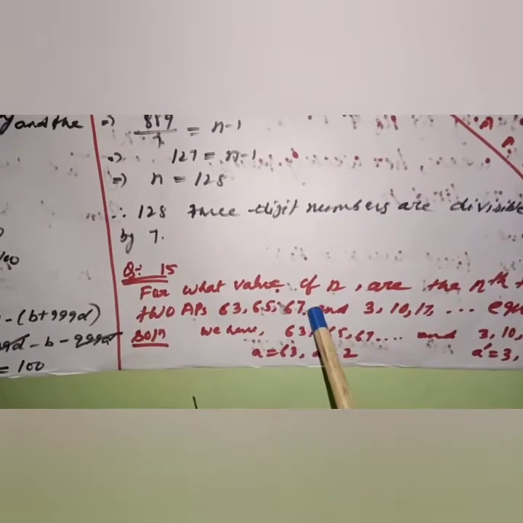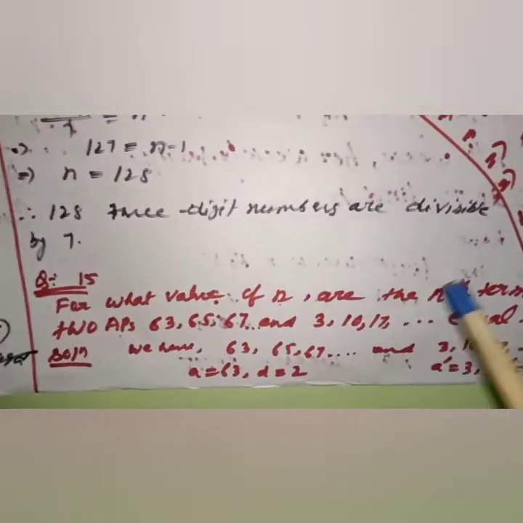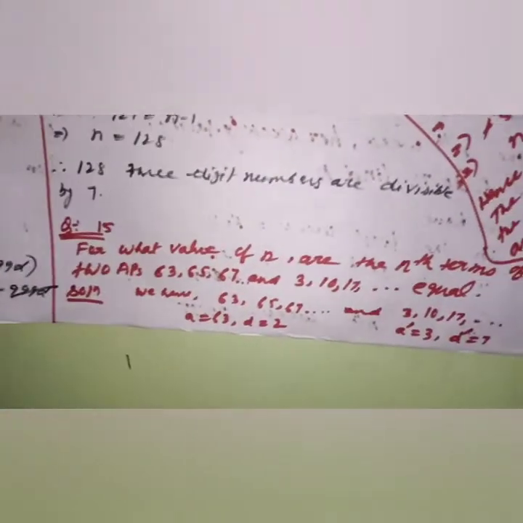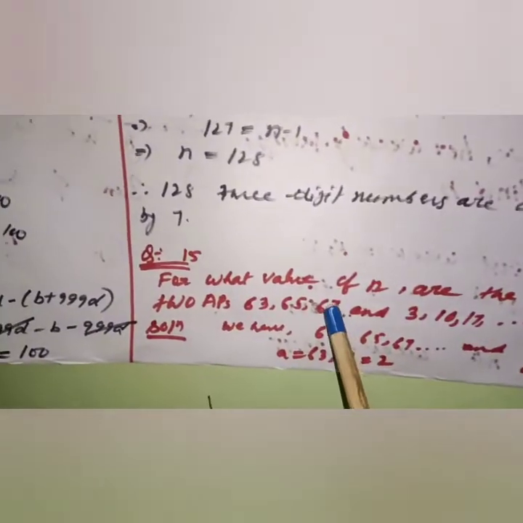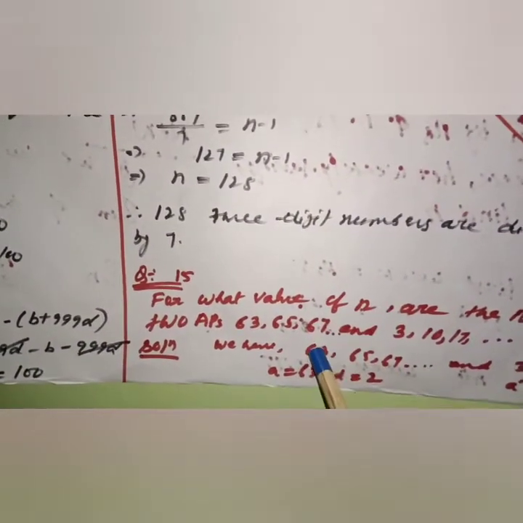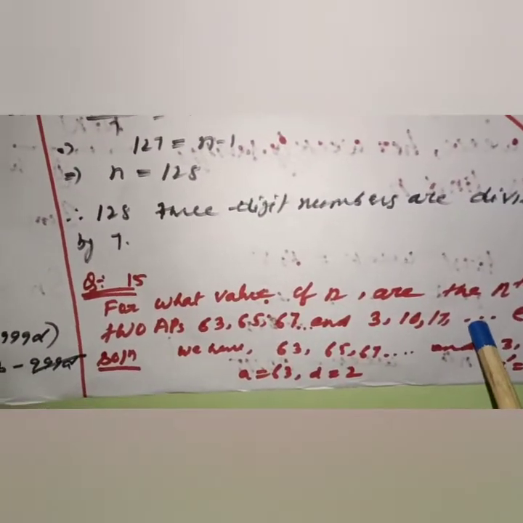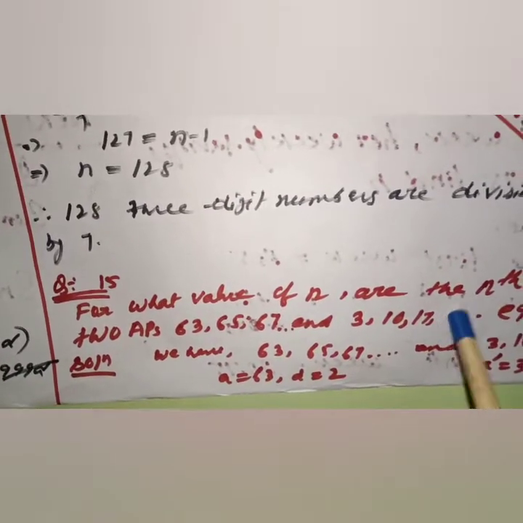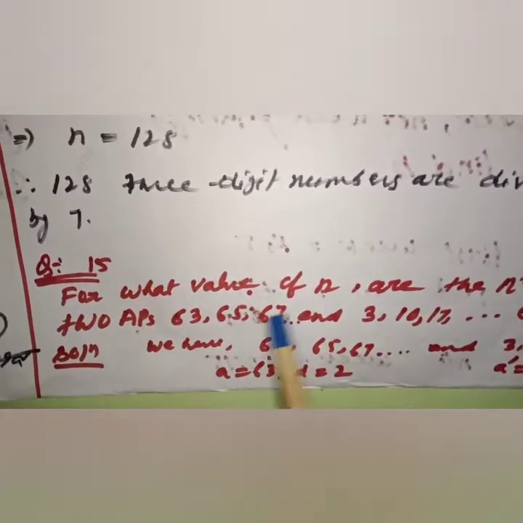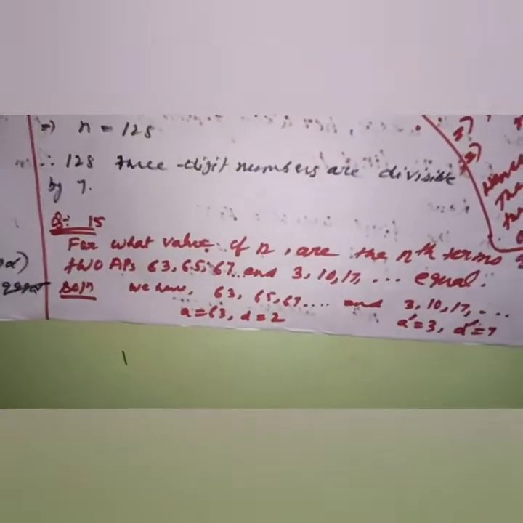Suppose here you are getting a term B, and you will get the same B also here, but which number of term is it? Understood? Suppose here you are getting B, which term I don't know, and here also you are getting B. Now you have to find out which number of term gives B. B is just an example.